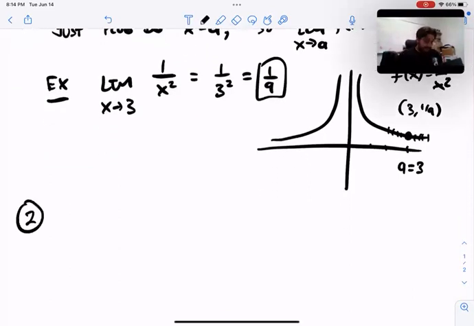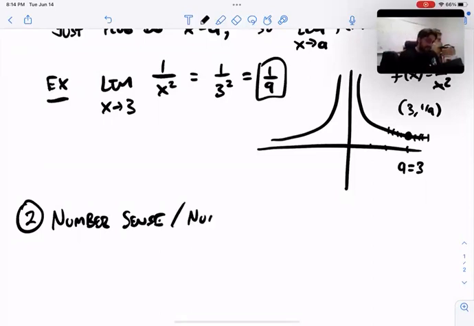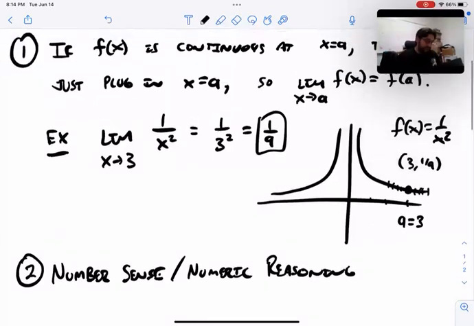Now, after that, what if you can't just plug in a value, but maybe you can evaluate it by what I like to call number sense, or say numeric reasoning. This is kind of the second thing you want to look for.